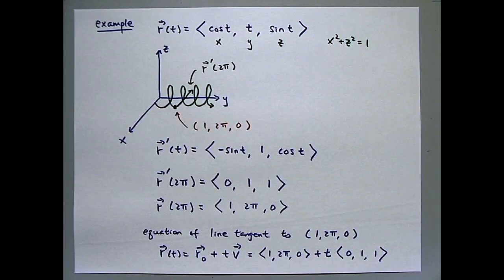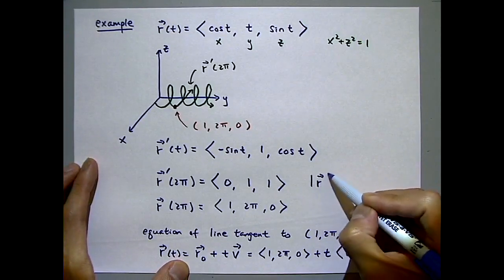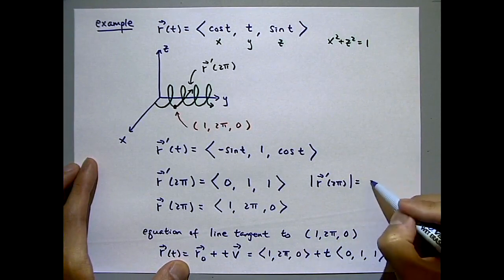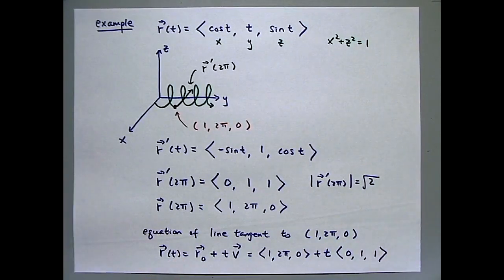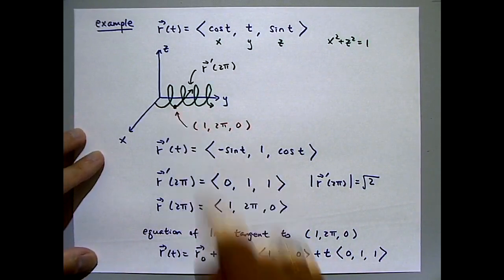Yeah. Oh, good question. Well, what do you think? What do you think? If, for example, r describes the position of this red dot, what do you think r prime is?